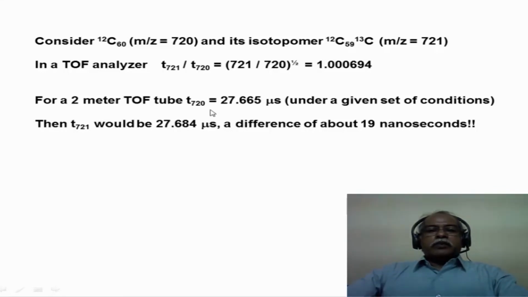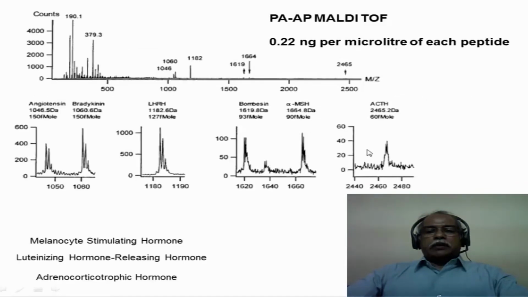So for a 2 meter tube, the 720 molecular ion peak will take about 27 microseconds to reach the detector under a given set of conditions, and the 721 mass unit isotopomer will take 27.684 microseconds. A difference of about 19 nanoseconds is what is needed for the separation of these two ions in a flight tube of about 2 meter length. And this essentially illustrates the resolution of the mass spectrometry, in terms of being able to separate masses of one mass unit difference by about 19 nanoseconds difference in their time of flight.